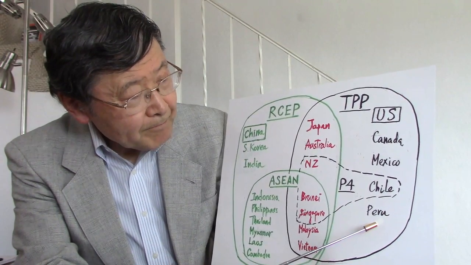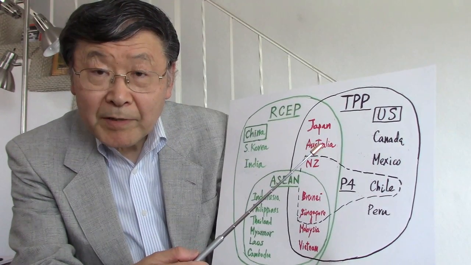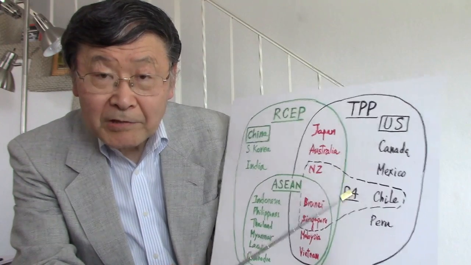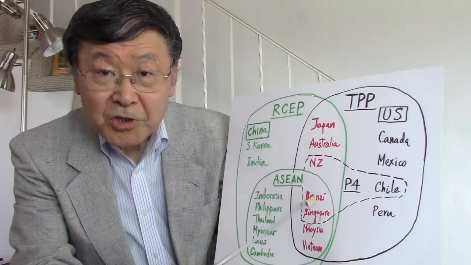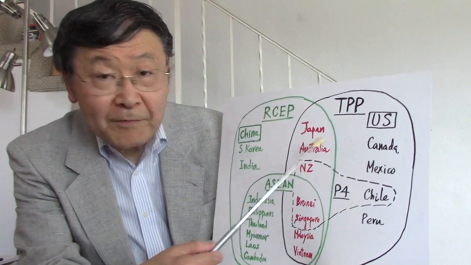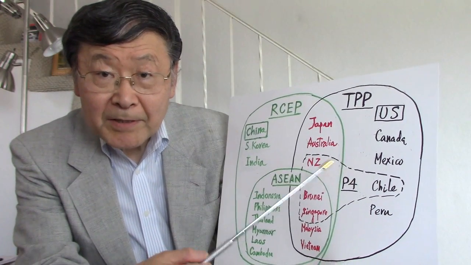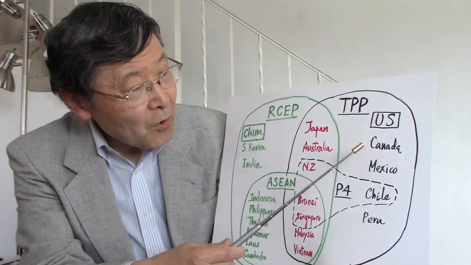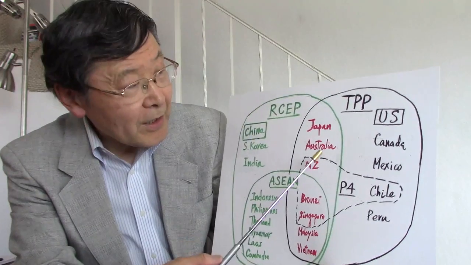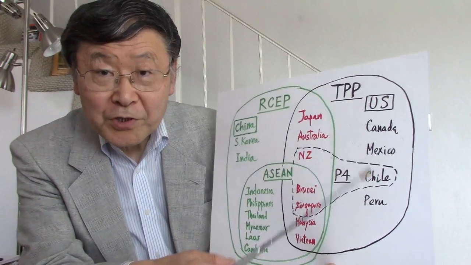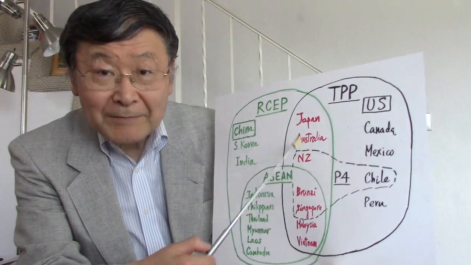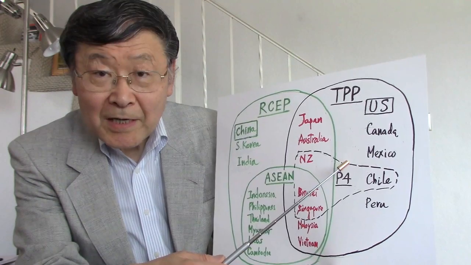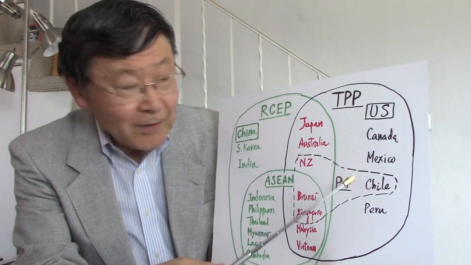But the problem, of course, is that due to this rigorous free trade agreement, relatively few countries could join. So only 12 countries across the Pacific joined this agreement. And also, excluding China, the US could be a dominant force to govern or rule this free trade agreement, which some people might be afraid of.